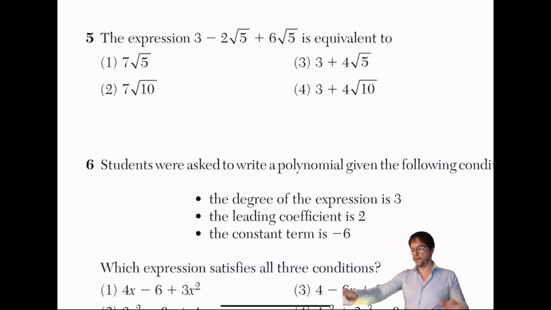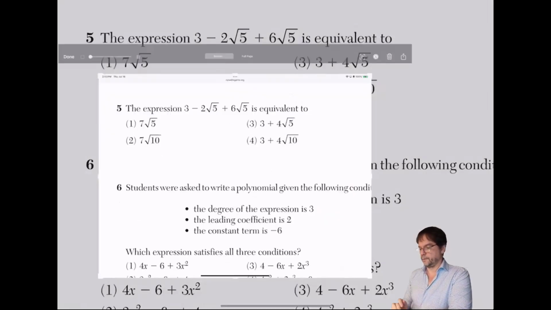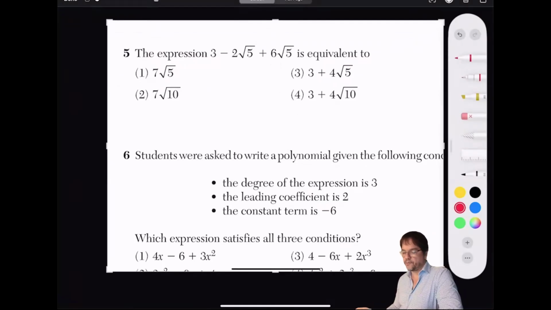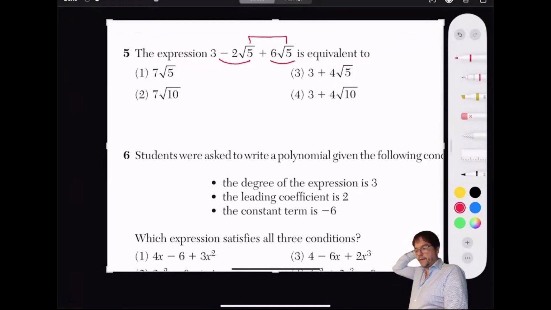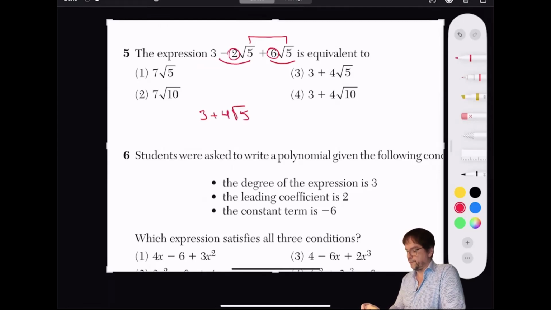The second one? Okay, let's see. The expression 3 minus 2 square root of 5 plus 6 square root of 5 is equivalent to... Okay. So when I have terms with the same index in a square root with the same base, I can do the whole numbers. 6 minus 2 is 4, plus 4 square root of 5.